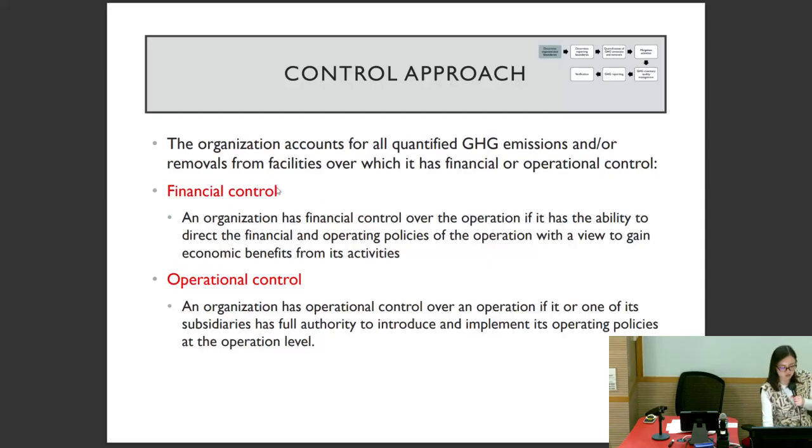Financial control means an organization has financial control over the operation if it has the ability to direct the financial and operating policies of the operation with a view to gaining economic benefits from its activities. This is the definition of financial control. So basically, if you can earn money from that organization, then it means you have financial control.